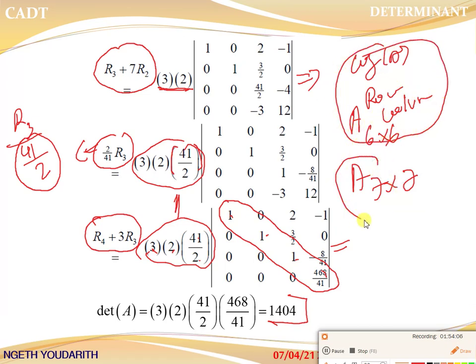So we use reduced row for higher-order matrices. It is easier than using a row or column.